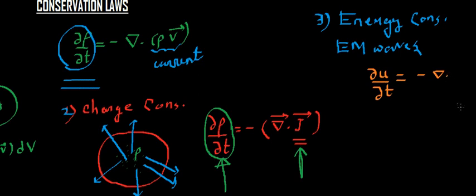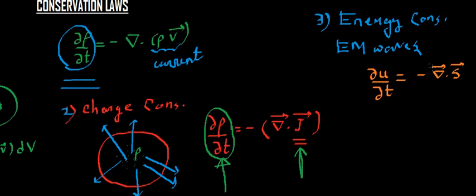Now what is the quantity which talks about flow? That is the Poynting vector. The Poynting vector is the quantity which behaves like the current J we talked about previously.